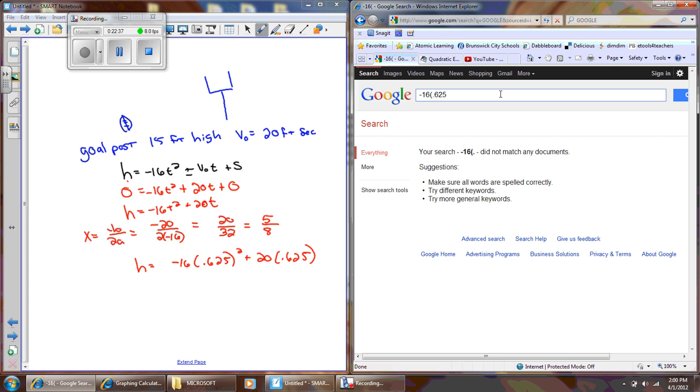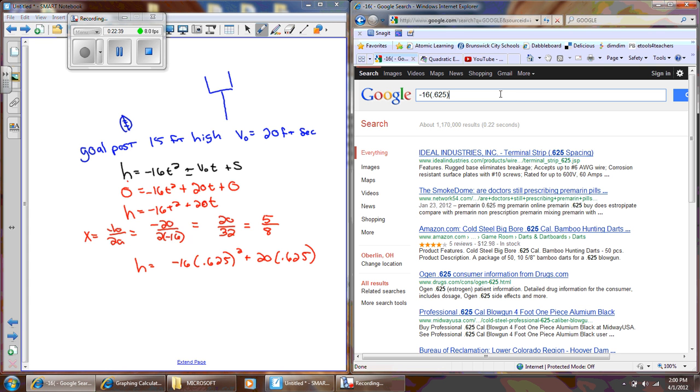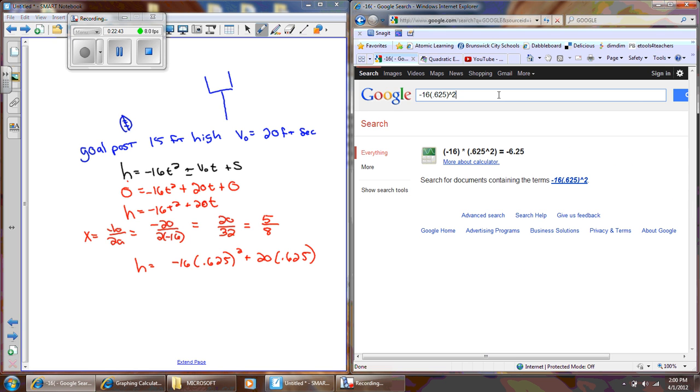Close that quantity, and I'm going to square it. Plus 20 times 0.625. I'm going to close it and hit enter. And look, the ball is only going to go 6.25 feet in the air.